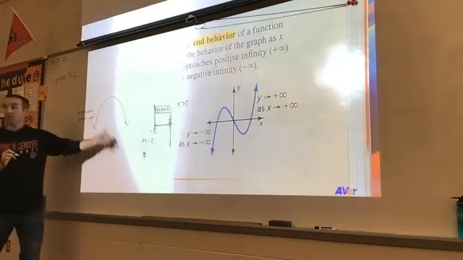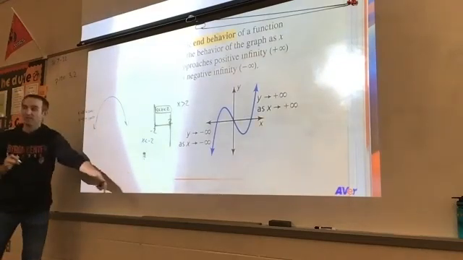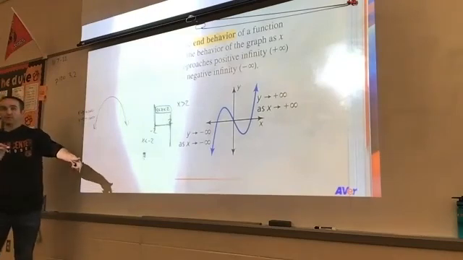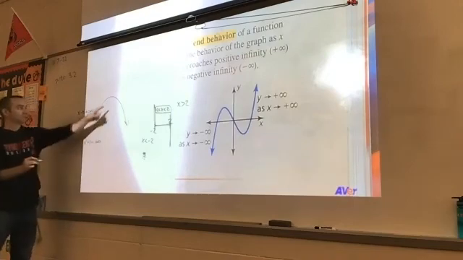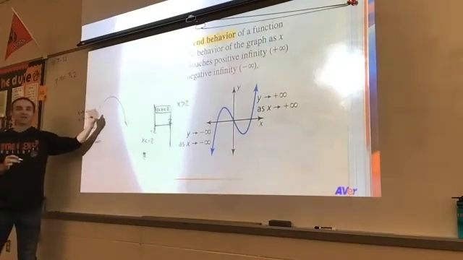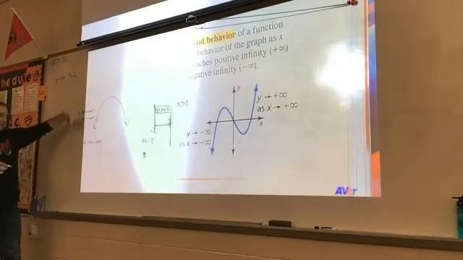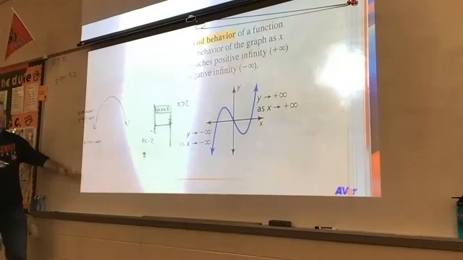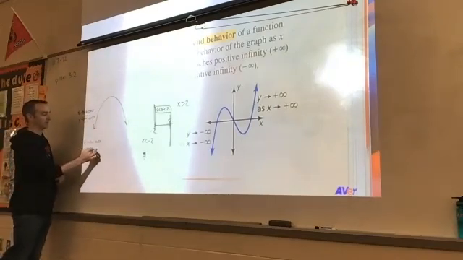It's the way the arrow is pointing. When our X is going negative forever, this way, where's Y going? Down. The arrow is going down. So as our X goes negative forever, our Y goes negative forever in this example.